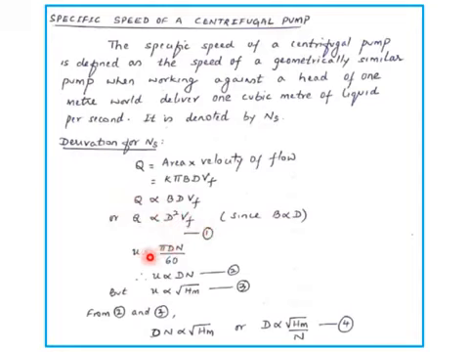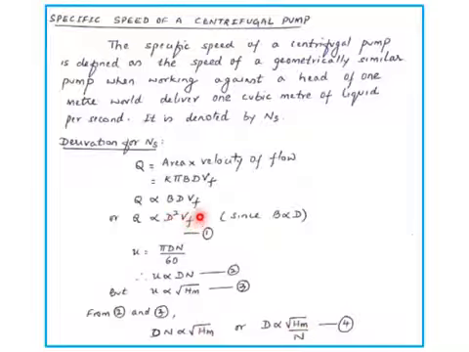But you know that U is pi D N by 60, so U is proportional to D N. But U is also proportional to root Hm, depending upon the speed ratio. So taking these two equations, D into N is proportional to root Hm. Since we want D here, D is proportional to root Hm by N. Take this D and substitute here.